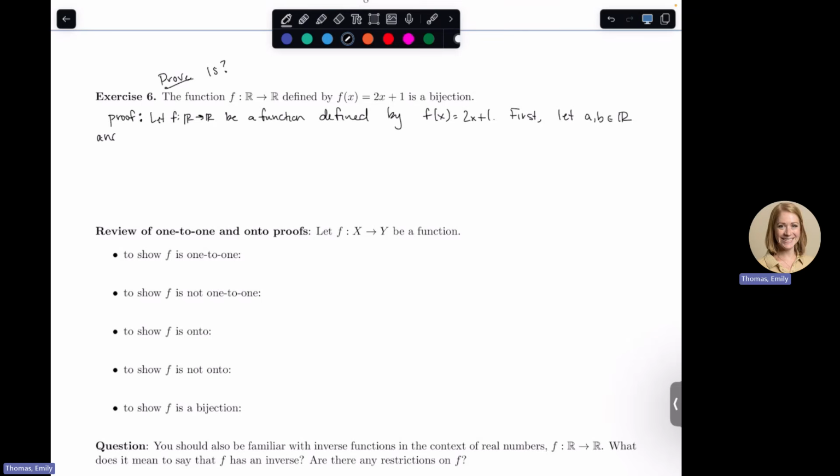And assume f of A equals f of B. Then 2A plus 1 equals 2B plus 1, and clearly A equals B. Thus, f is 1 to 1.